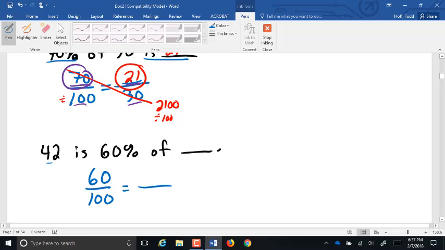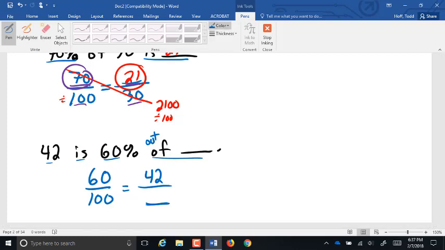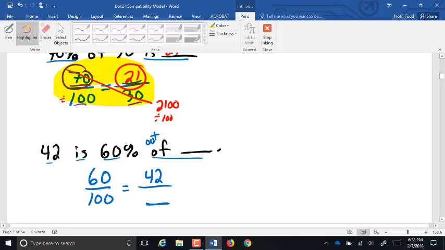Now on the other side here we have 42 is 60%. That implies the 42 goes with the 60. It goes on top. Of blank, again, if we think of that as out of blank, that implies the missing number goes on bottom.